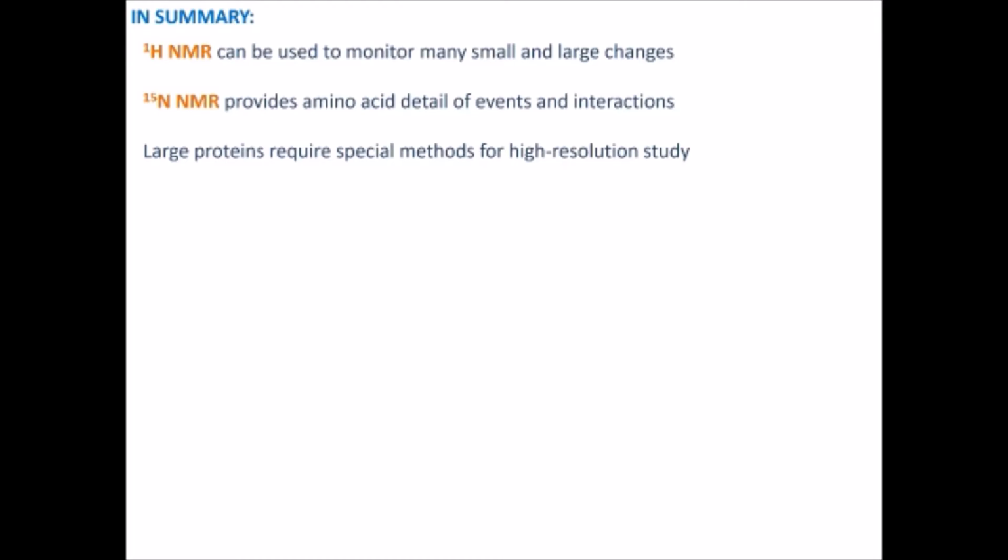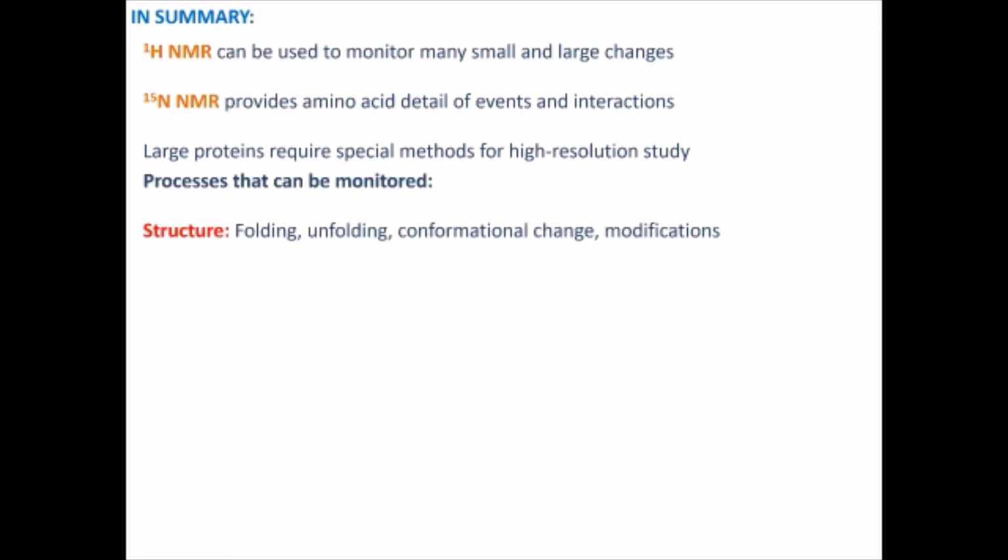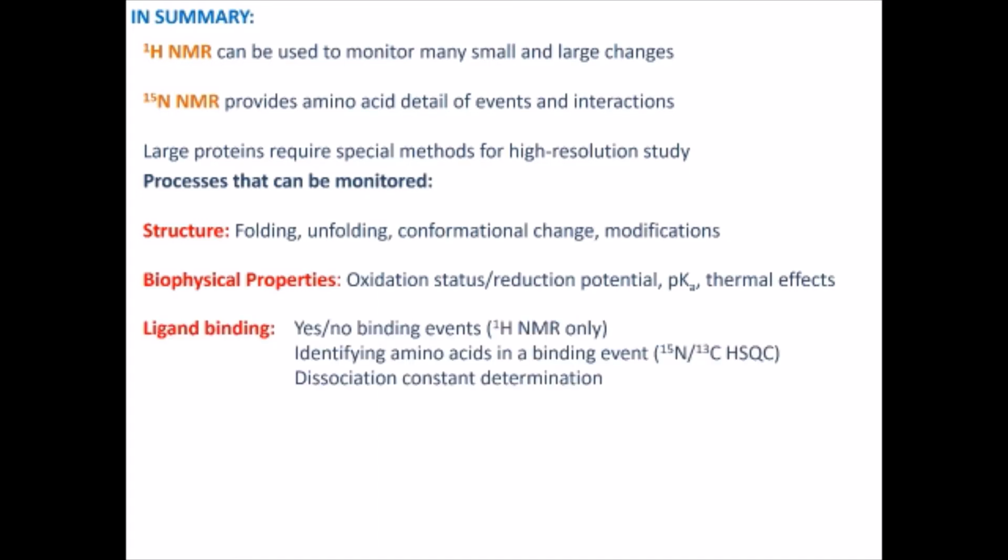With nitrogen 15 NMR, you can get information about the amino acids in the structure, which amino acids are specifically involved in particular reactions and interactions. And you can look at folding and unfolding events, conformational changes, oxidation status, reduction potential, etc.